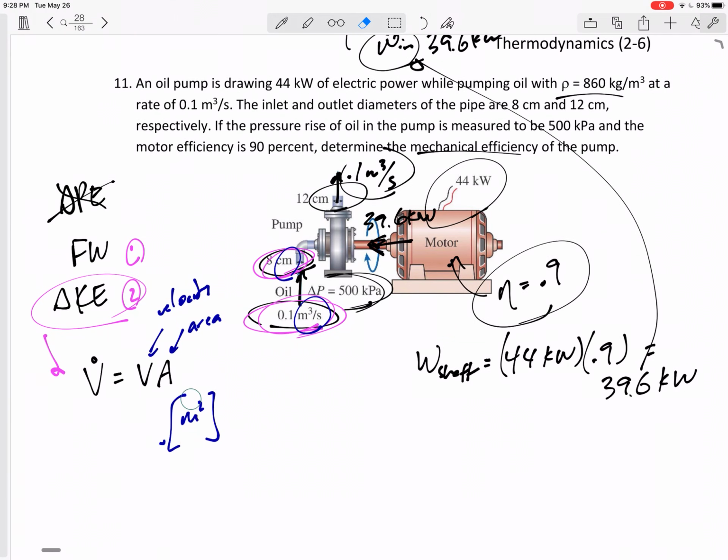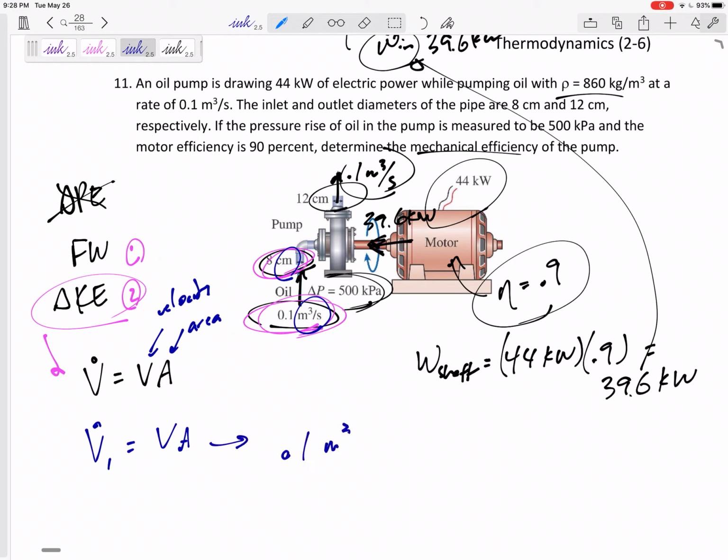So at the inlet, the flow rate equals VA. Let's write it over here. I know that the volumetric flow rate is 0.1 meters cubed per second. That's going to be equal to the velocity that I'm trying to find times the area, pi by 4 times the diameter, 0.08 meters, squared.